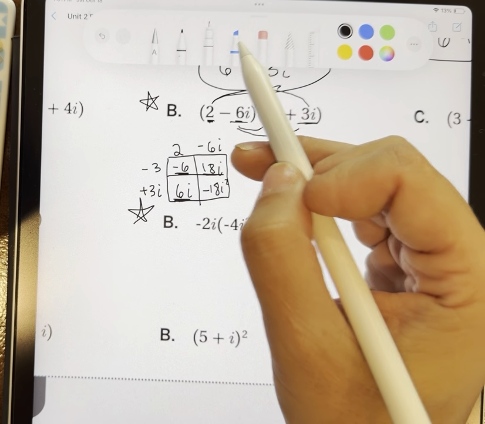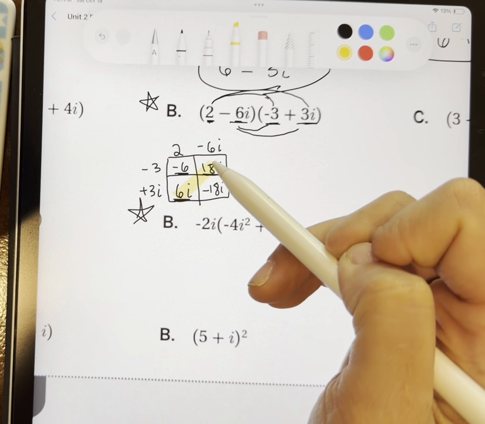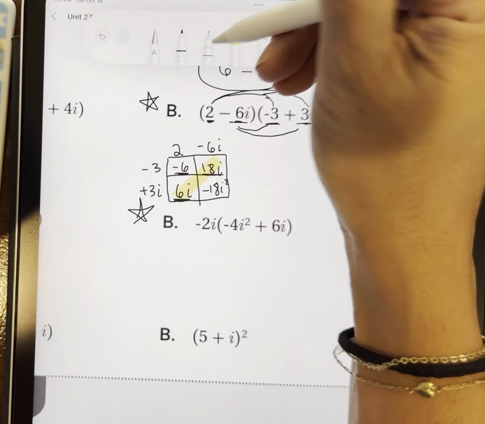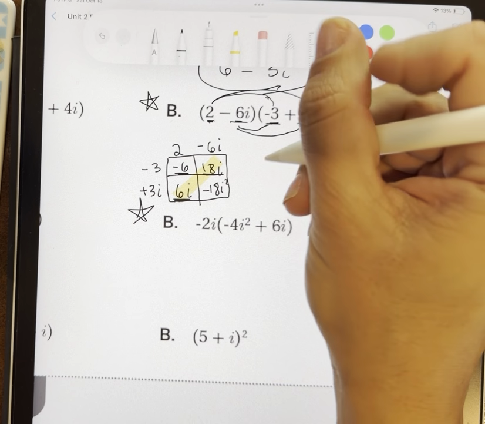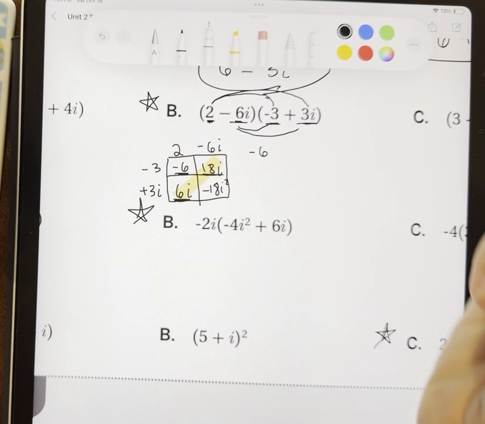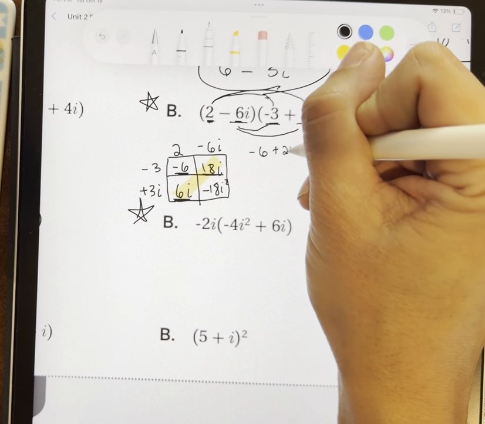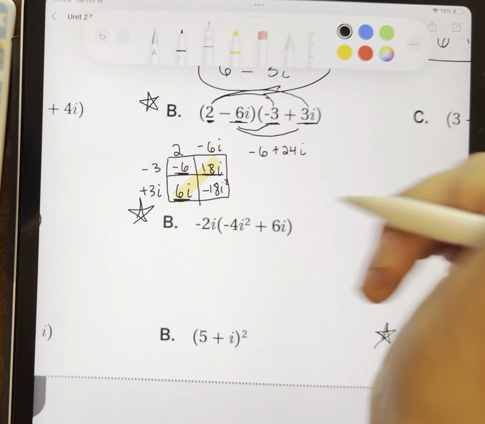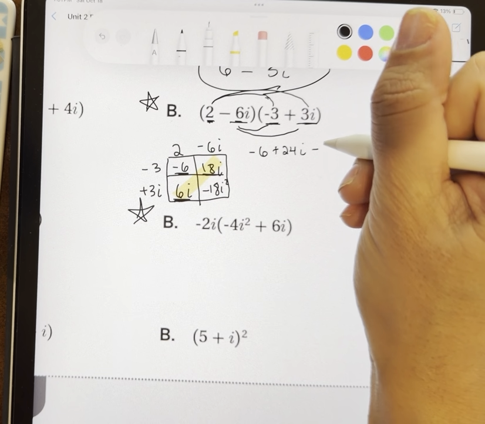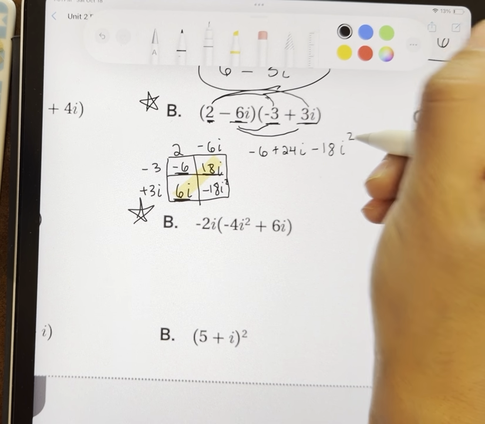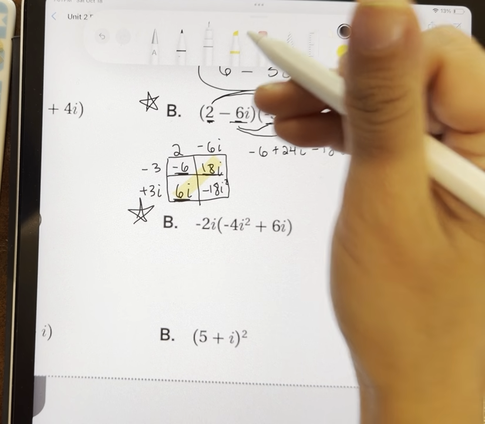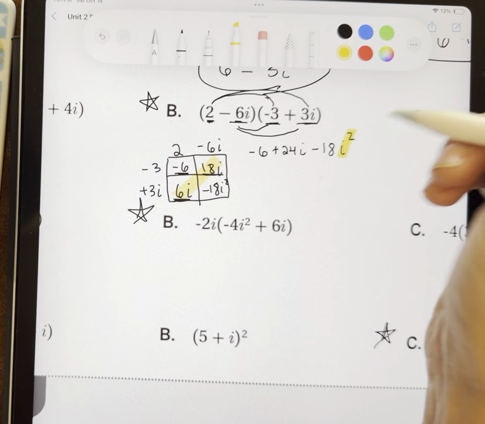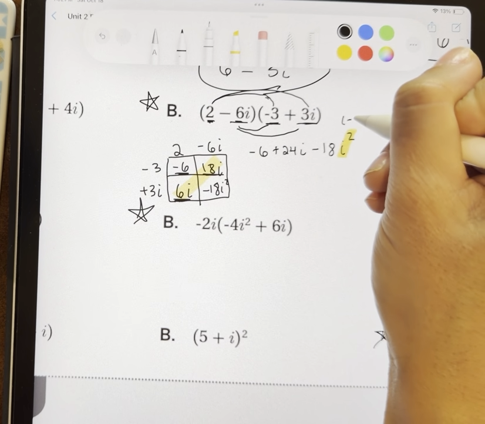Now what happens is, over here, I get 2 terms to combine. Okay, so right now I'm at negative 6, and then 6I plus 18I is 24I. And then over here, you guys, you have negative 18I squared, but I squared is really negative 1.